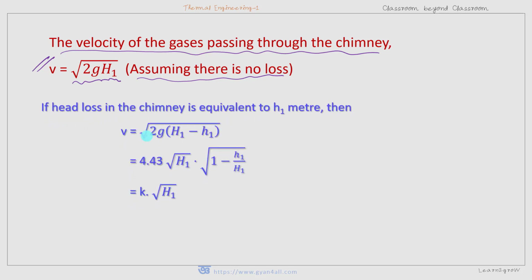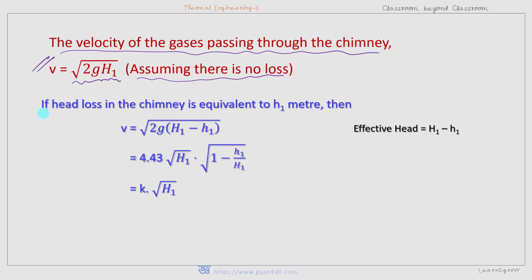So if there is some head loss, say the head loss in the chimney is equivalent to small h1 meters of hot gas, the effective or actual head is not H1, but capital H1 minus small h1.